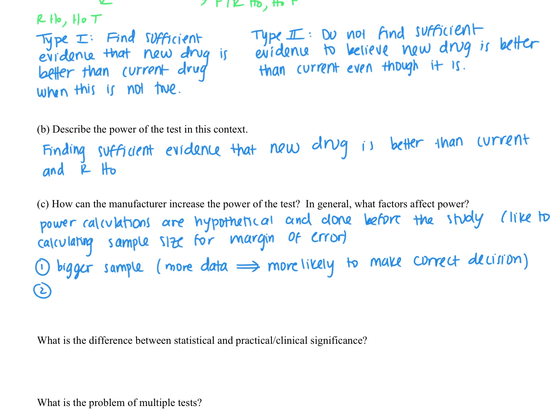Okay. Second one is a bigger significance level. So a bigger alpha. If you have a bigger alpha, it is easier to declare that evidence is convincing.